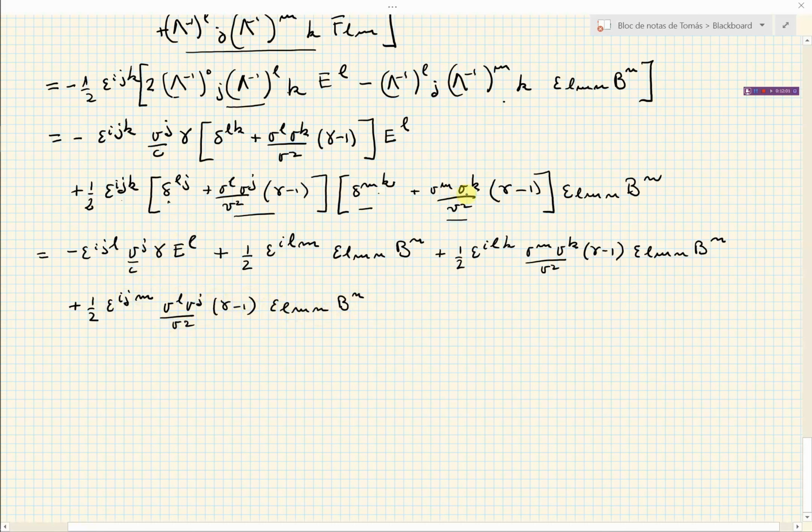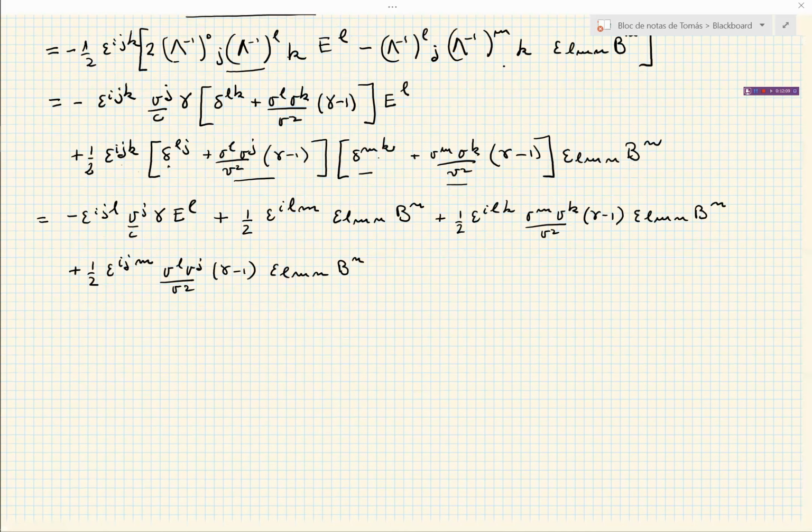And the last term contains V_j V_k contracted with epsilon_{ijk} and gives 0, so that term does not contribute. Okay, now here we recognize the minus gamma and then the vector product of V over C and E and the component i.